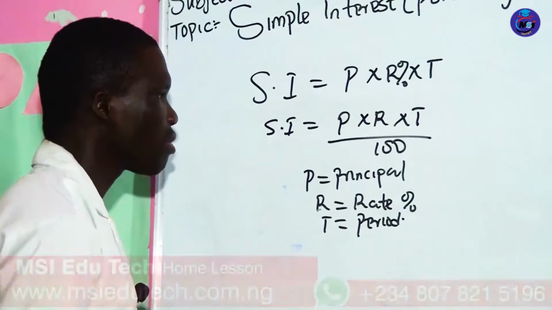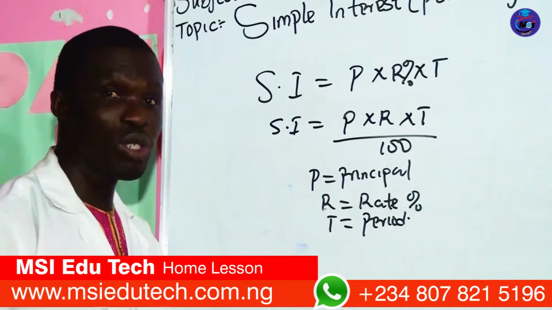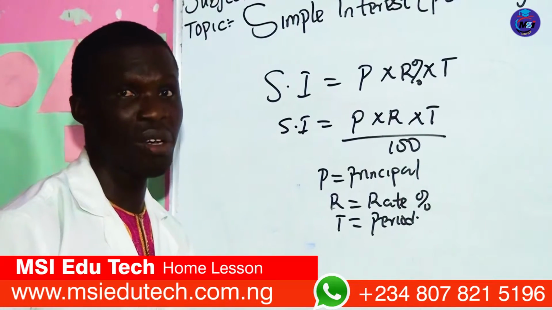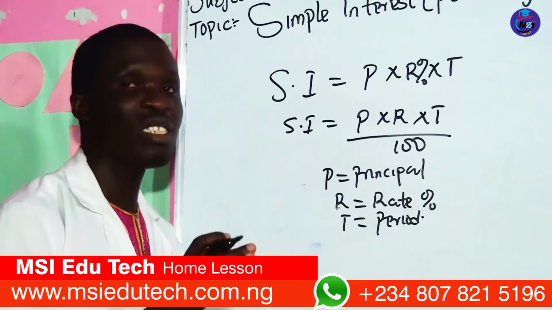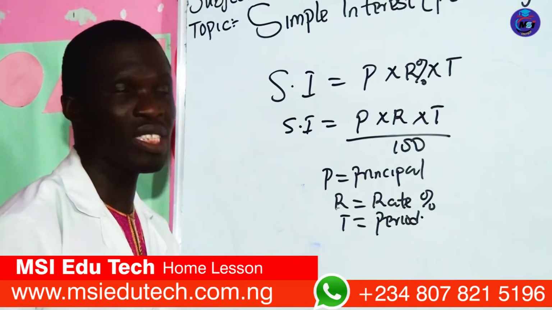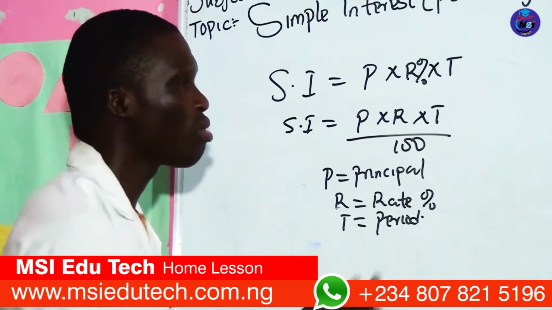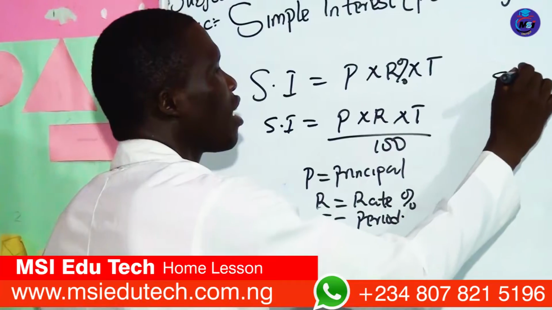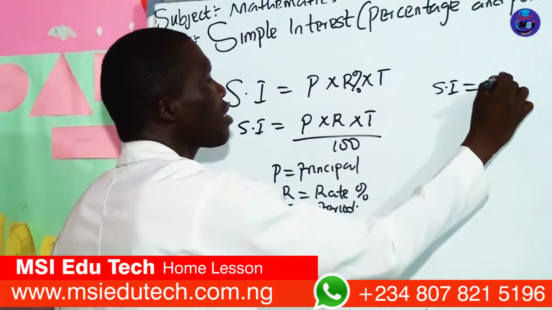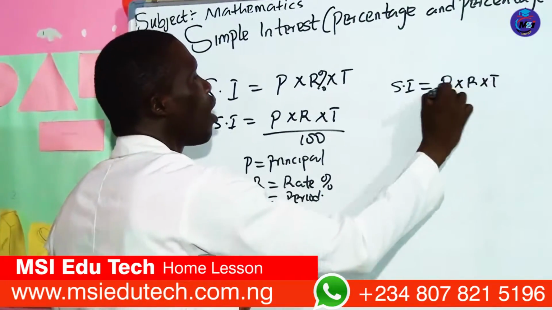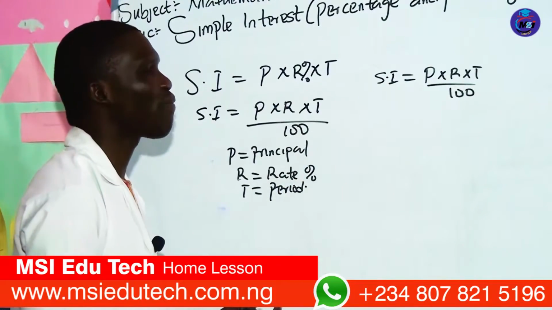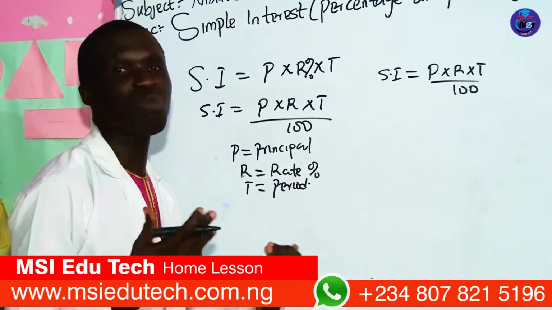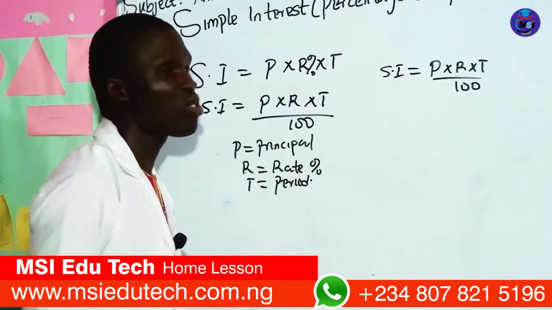Now, you need to know that this is senior secondary. You must know how to manipulate your formulas. Let's say, for instance, someone gives you SI equals P times R times T all over 100. You want to find the value of P, which is principal. What are you going to do?